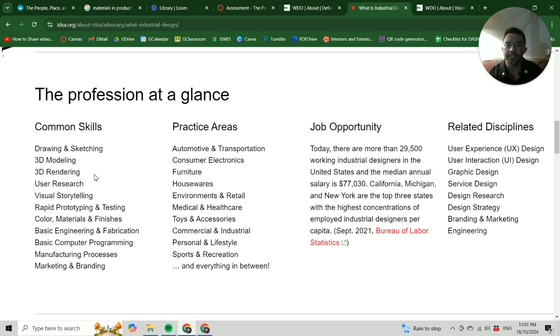So the practice areas for industrial design are the following.